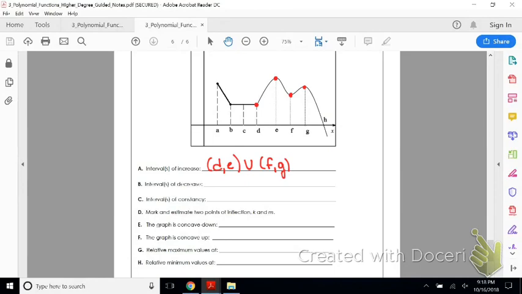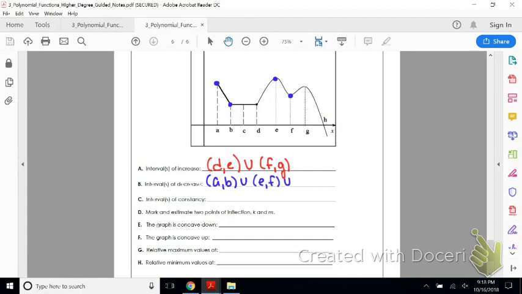Then it wants intervals of decreasing. Remember, decreasing is going down. Let me erase my red points there. Alright, it's going down right here at the beginning from when x is A to B. And is it going down anywhere else? From when x is E to where x is F. Remember, we always name these by their x values, and we always use parentheses.